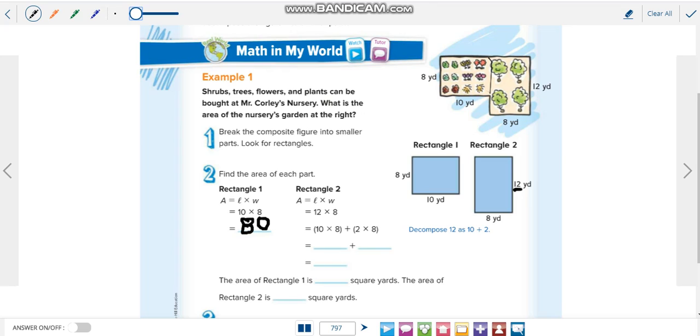And we got 10 times 8 equals 80, plus 2 times 8 equals 16. And now we are adding. So 0 plus 6 equals 6 and 8 plus 1 equals 9.